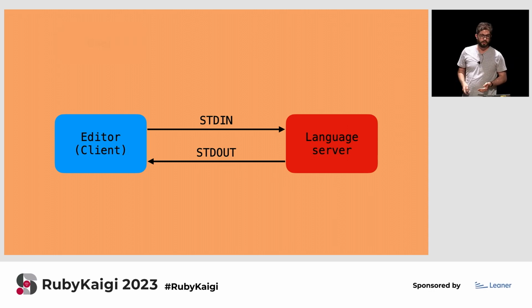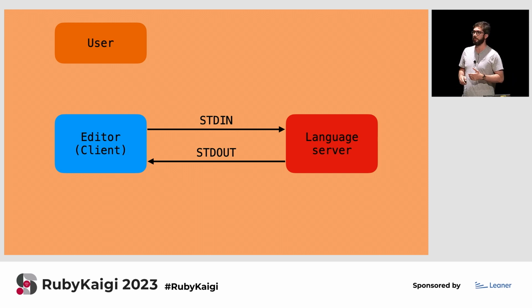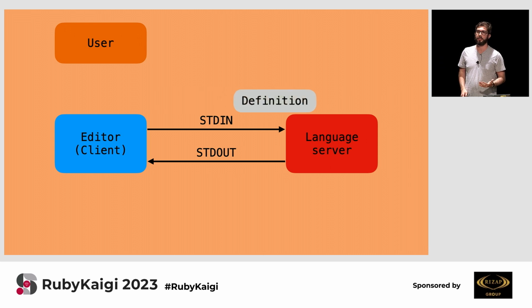So for example, if a user is interacting with the editor and they request to go to definition for something, the editor is responsible for translating that action that the user took into a JSON request. So in this particular example, it would be a definition request. The language server, in turn, is responsible for fulfilling those features for the user.